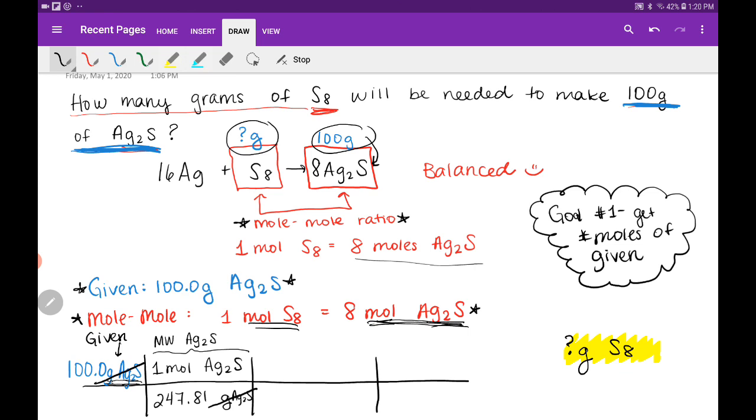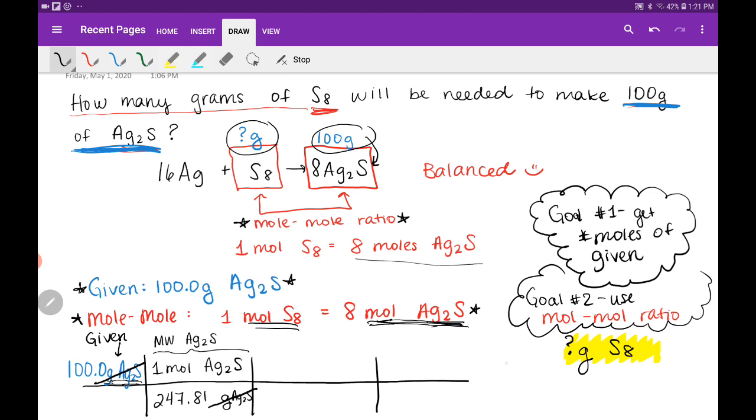Okay. So now that our units are moles of Ag2S, the next thing that we do is goal number 2, use the mole-mole ratio. So we've already got the mole-mole ratio written out. 1 mole of S8 equals 8 moles of Ag2S.